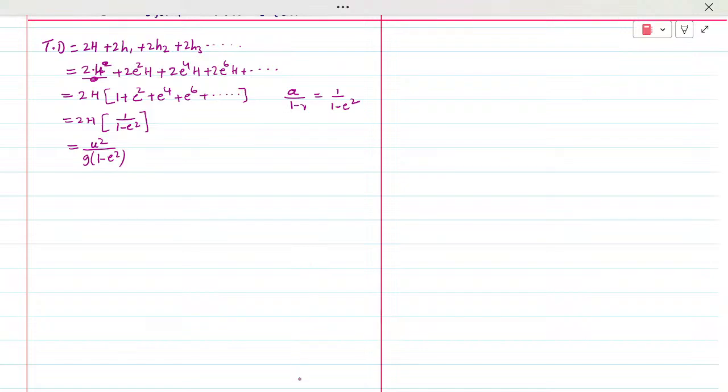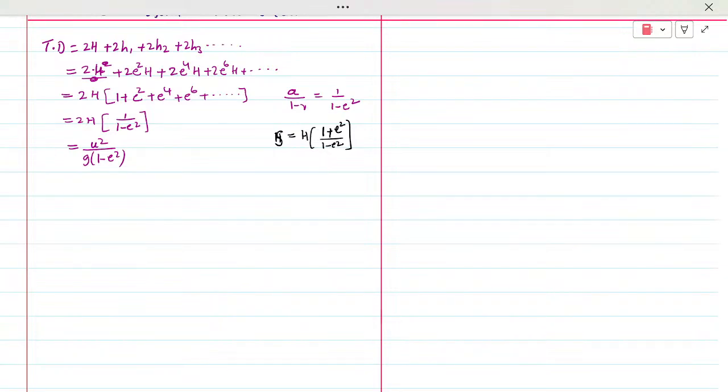Whereas in the freely falling body case, total distance s is equal to h, the dropping height, into 1 plus e square by 1 minus e square.